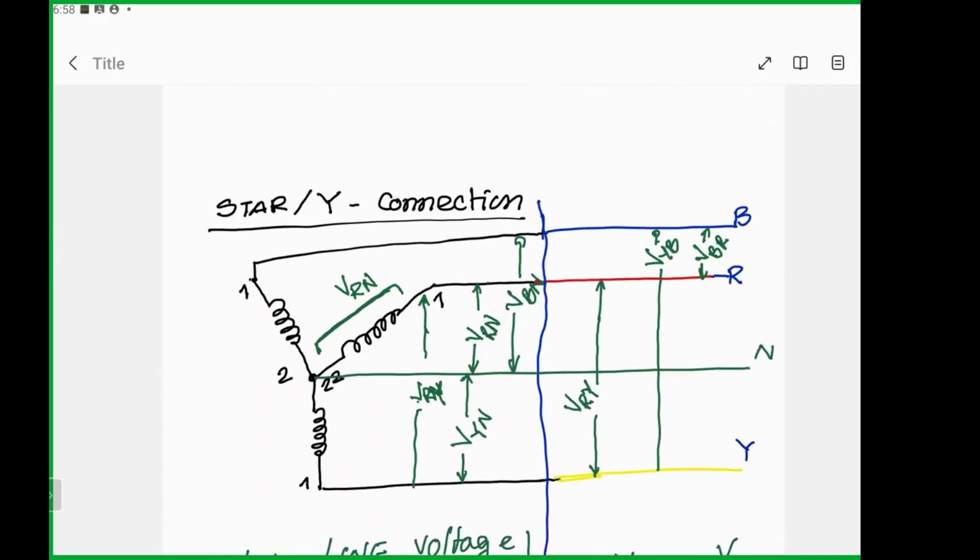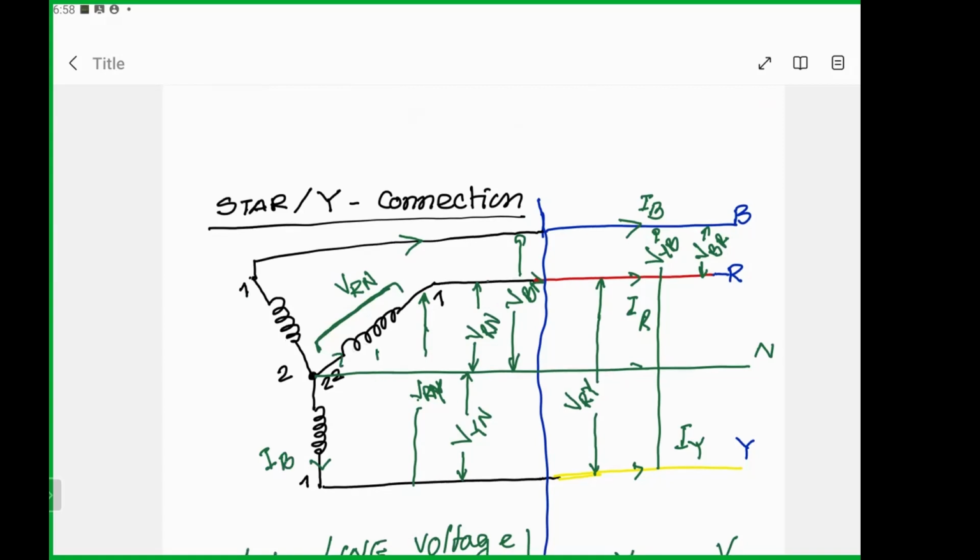Now, if you take a look at the current, we can see a similar thing. This current is flowing through this line IB, this is IR, and this one is IY. So these are the three line currents. Now, if you go back to individual currents, that will be called the phase current. Let's say this is IB, and this is IA, and this is IC.